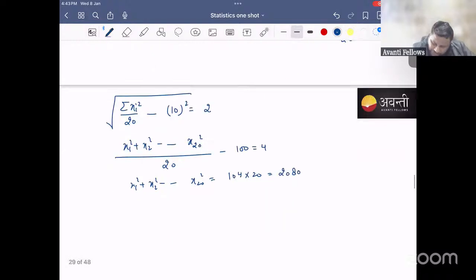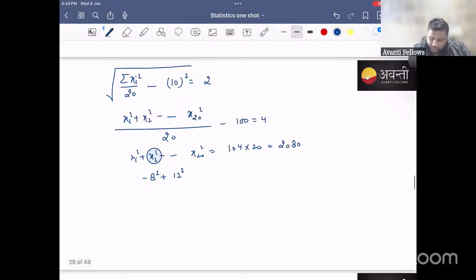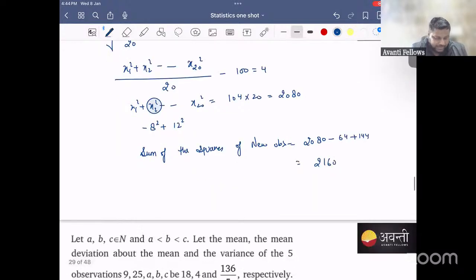Now see, let us assume this is the observation which has been mistakenly written as 8 instead of 12. So I will subtract 8 square and add 12 square. Got it? So the sum of squares of the new observations will be 2080 minus 64 plus 144, that is 2160. Correct?